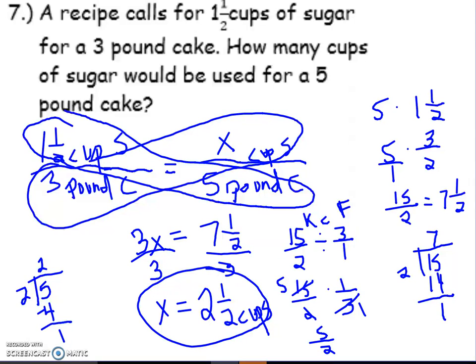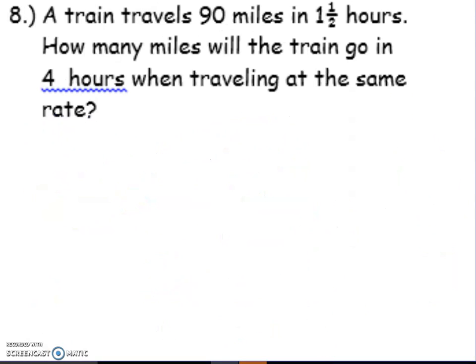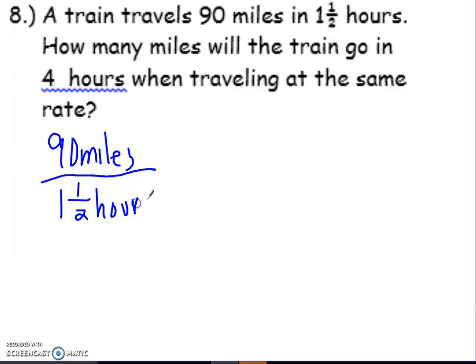Okay, let's take a look at the last one. A train travels 90 miles in 1.5 hours. How many miles will the train go in 4 hours when traveling at the same rate?